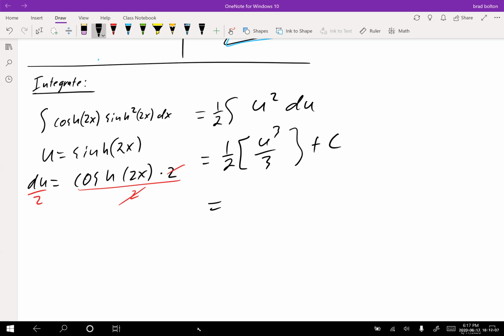So then this would become 1/6. Now we know that u is worth sinh of 2x, and now it's cubed, so I'm going to put a little 3 right there, plus c. Okay, and that would be how you could do an integral.